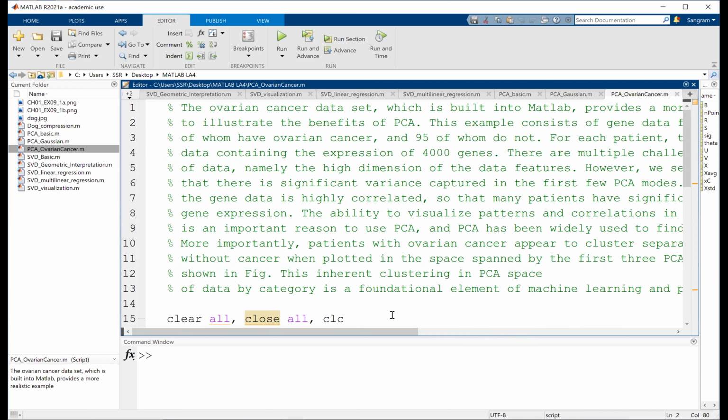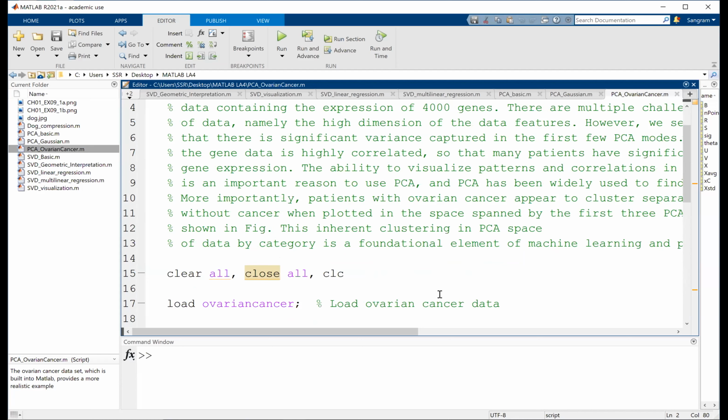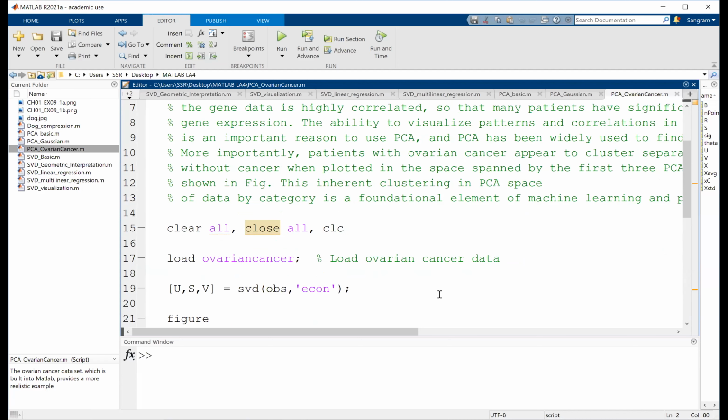Everybody understood this? This is a classic pattern recognition problem. So very basically, I'm going to use something called PCA, but I would use SVD to perform PCA.